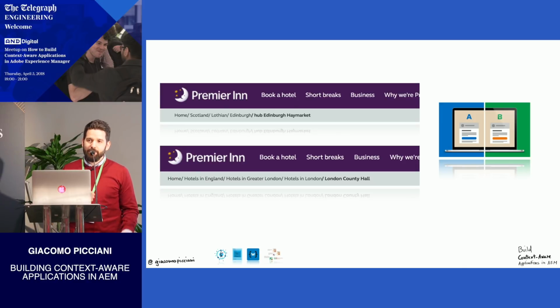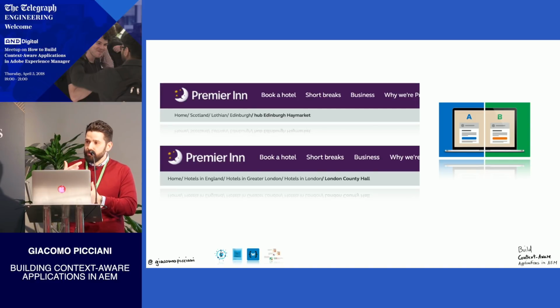SEO A/B testing is quite a bit more difficult than a normal A/B test, because you cannot split your users into different categories. You have to split your pages into different categories: the pages that have one version of the component and the pages that have a different version of the component. The way you can do it is to define different contexts in your content path, enable the configuration in your breadcrumb, and then configure the behavior in a different configuration.